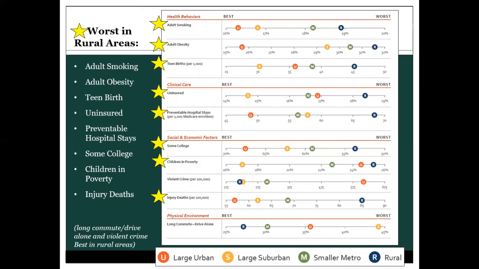So rural areas have the least amount of advanced education, more children in poverty, and more injury deaths. Now, in rural counties, we have the best rates of not having a long drive or commute, and the least amount of violent crime. So we have those things going for us, but lots of other risks and issues happening.